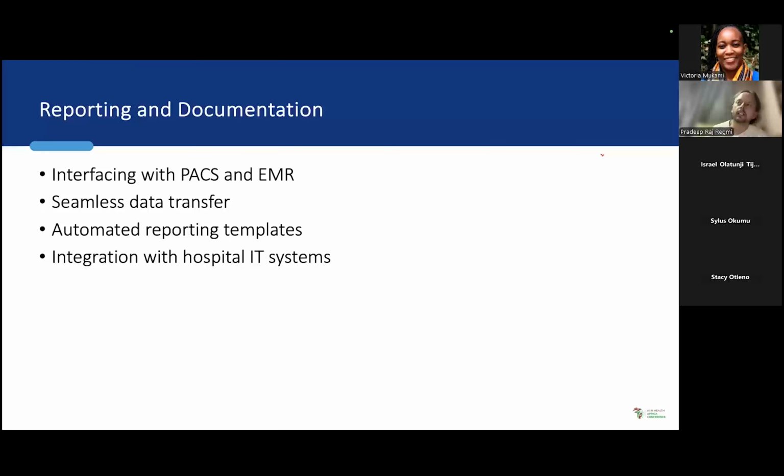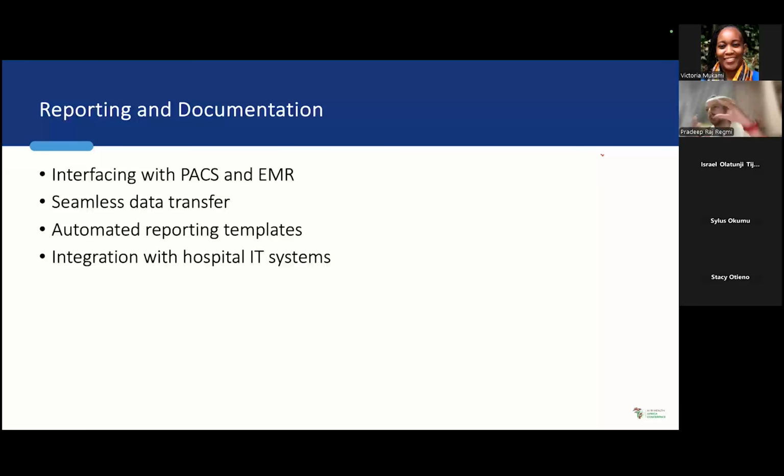Especially, I kept this slide because LMICs struggle in this perspective because we do not have our own PACS system at national level. But nowadays, in tertiary hospitals in Kathmandu, we have internal PACS, which is easier, but not in the periphery. So there has to be an idea that we have a national PACS system, EMR, so that there will be seamless data transfer, automated reporting templates can be there, so that it will get faster reporting from the clinicians.